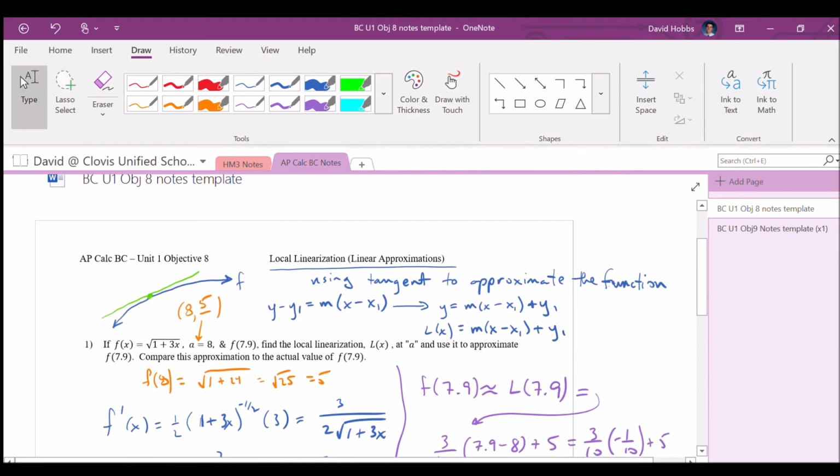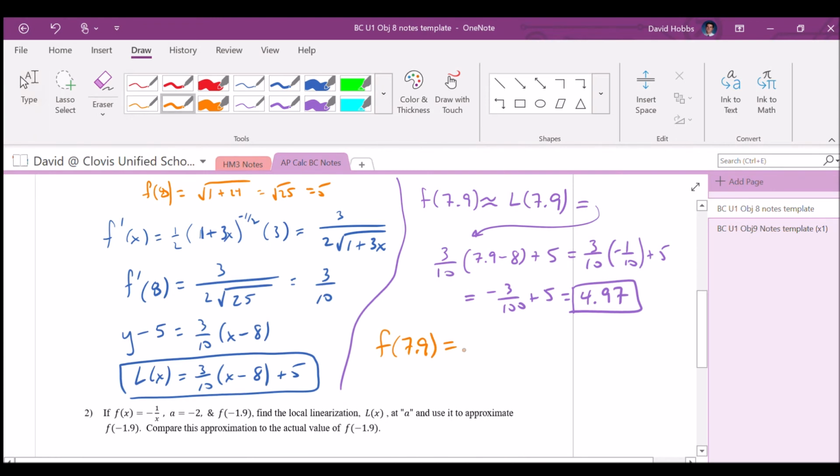So f of 7.9 is the square root of 1 plus 3 times 7.9. Now, 7.9 is only 1/10 away from 8, so this should be a pretty decent approximation. So let's see, we're really doing the square root of 24.7.